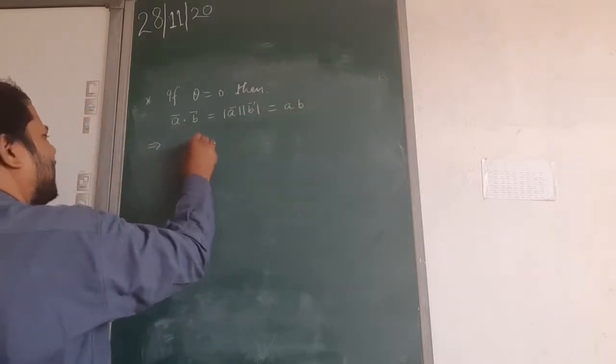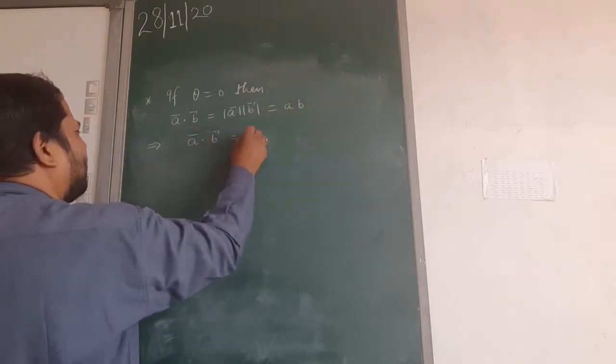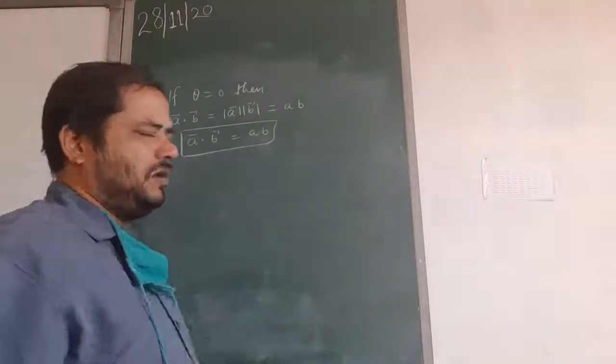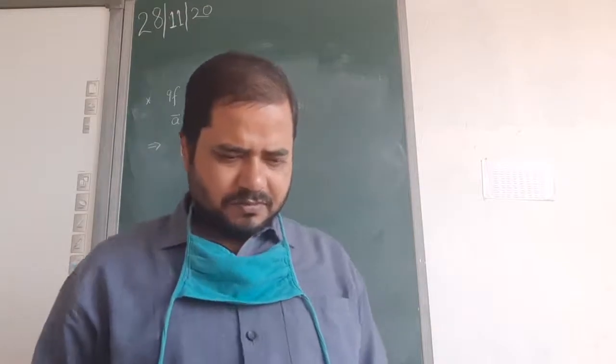This means A dot B must be equal to AB if theta is equal to 0. Note it down.